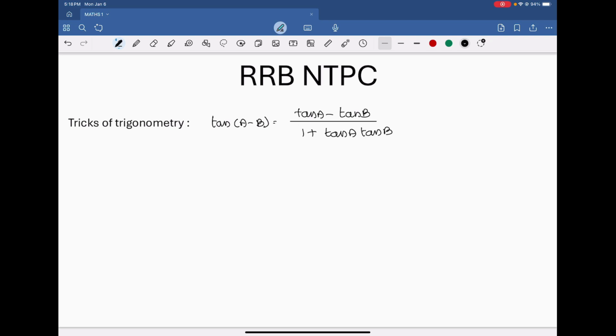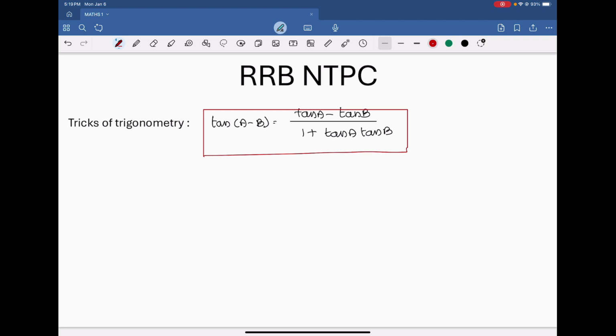When there is a positive sign on the left hand side in tan compound angle, there is a positive sign in the right hand side numerator and a negative sign in the right hand side denominator.